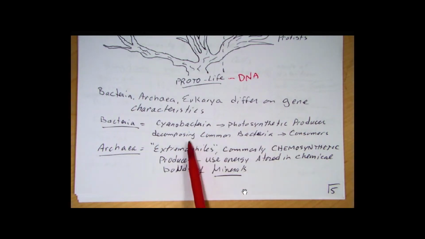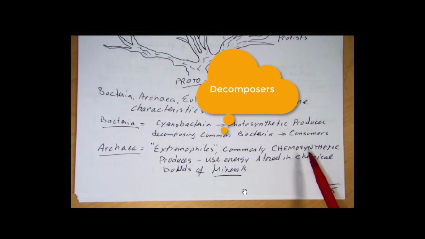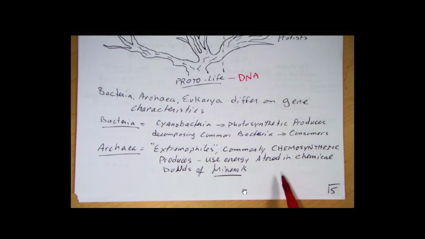And then there's also the decomposing bacteria, right? So we call this more of a common bacteria. And one thing about decomposing bacteria, they're said to be consumers. So they have to eat organic molecules. In essence, what they're doing, they're breaking the organic molecules down. They're recycling the nutrients.